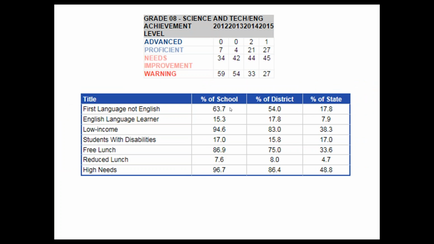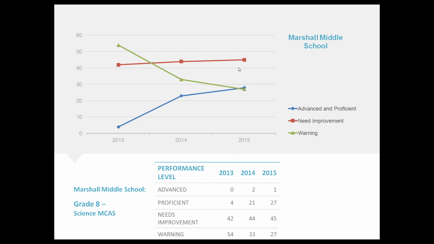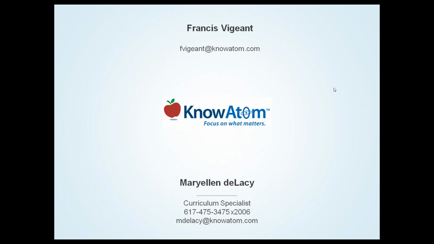It's even more severe than the district. The district, as an urban district, is even more severe than the state average. But the way the school benefits is not only by having students who are proficient and advanced, but in an accountability sense, they need to meet all these targets. So that's something to keep in mind as this all rolls forward.